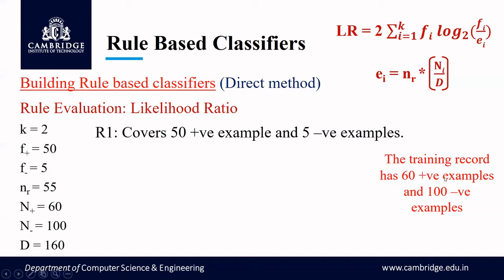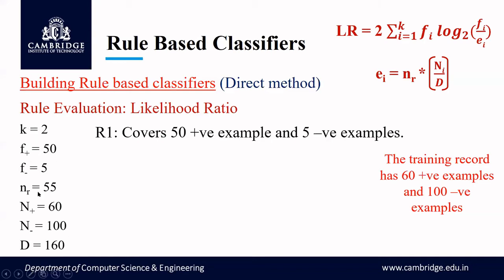And N minus, again with respect to the training record: the question says the training record contains 100 negative examples, so 100 records belong to the negative class. So N minus is equal to 100, and D is nothing but total records. So you add the positive class and the negative class, 60 plus 100, so 160.